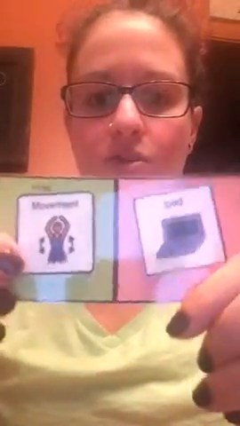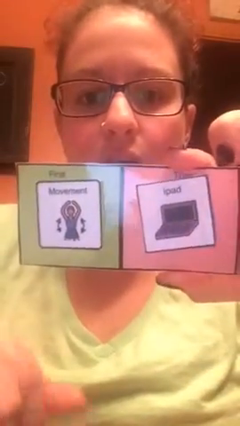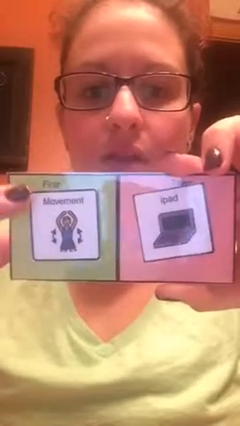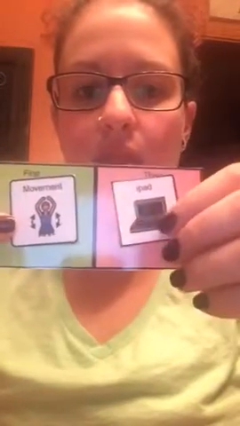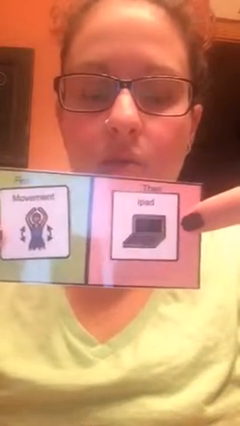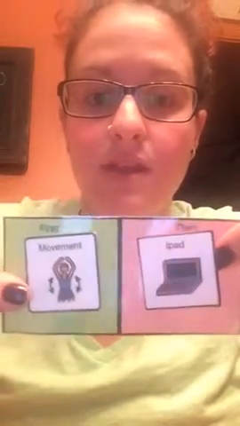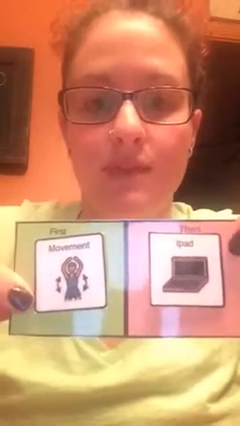So what I decided to use was a picture exchange communication system and a first-then visual aid schedule. And what that looks like is I have what I used here. I showed him what first needs to happen and then what he would earn if he listened and followed the direction that was given to him.